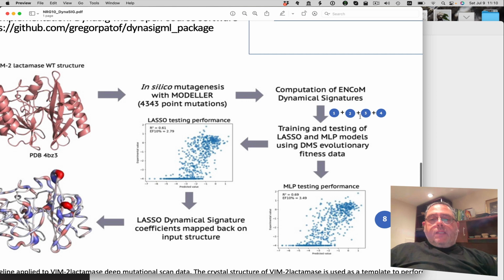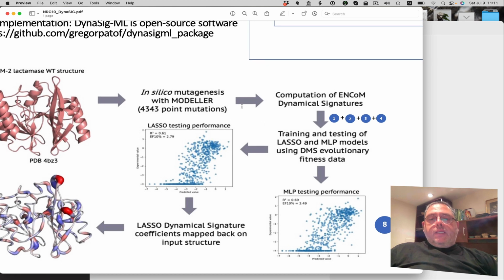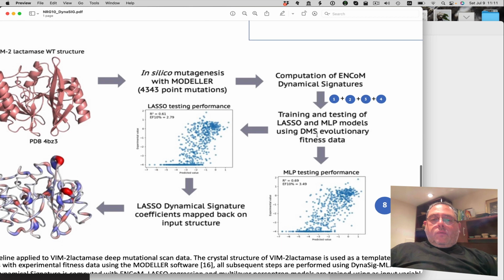All of this is done automatically within the dynasigML package, and use it to train both a lasso linear regression model as well as a multi-layer perceptron. And the data that you use to train can be any function that is measured experimentally for a large number of these mutations.